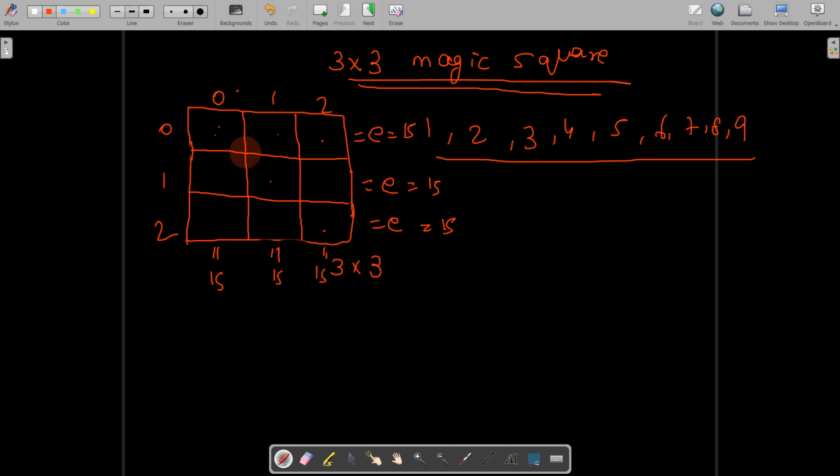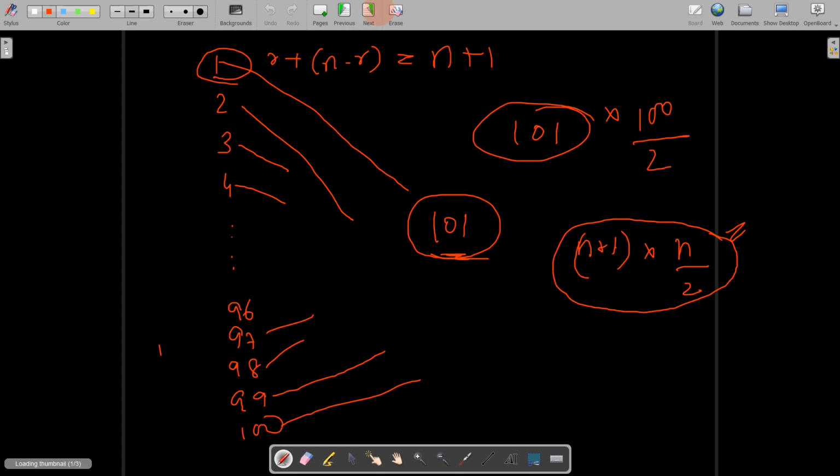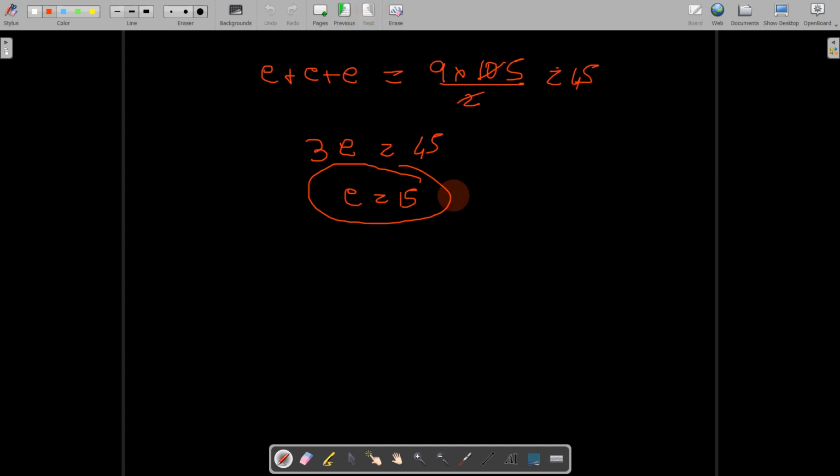The principal diagonal sum would be 15 and the secondary diagonal will also be 15. So we got this result that for a 3 cross 3 magic square, the magic sum is always 15.